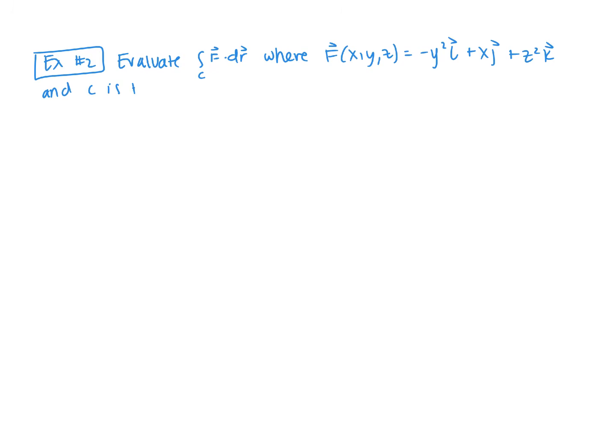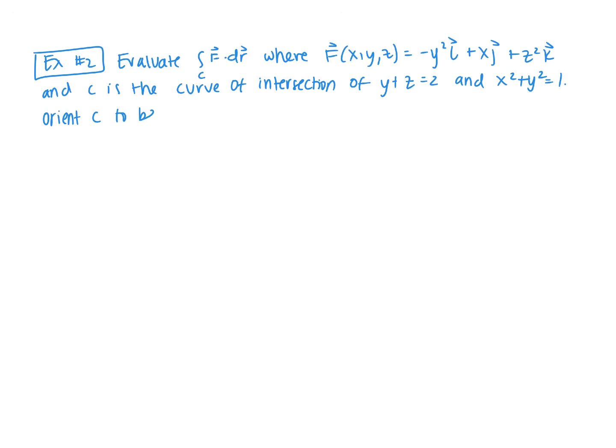And C is the curve of intersection of y plus z equals 2 and x squared plus y squared equals 1. We are going to orient C to be counterclockwise when viewed from above.